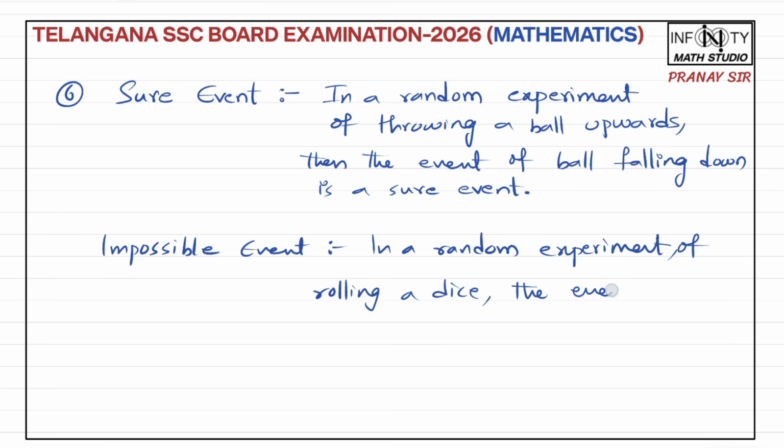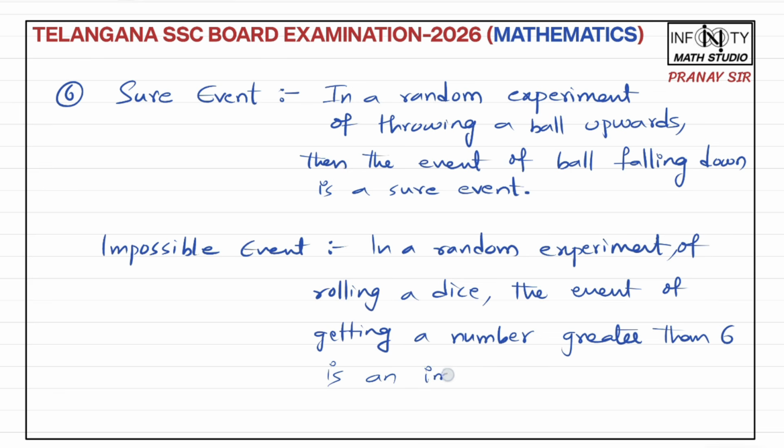The event of getting a number greater than, guess what? 6. Getting a number greater than 6 is an impossible event. Why does this become an impossible event? If you know, let me know in the comment section.